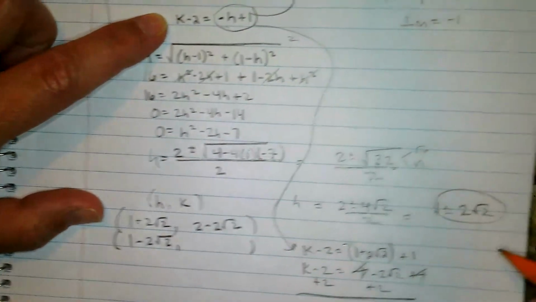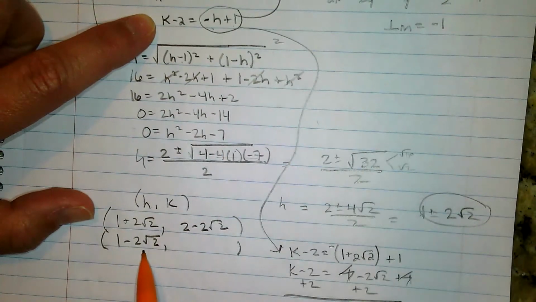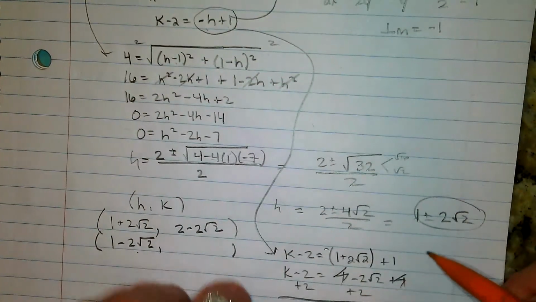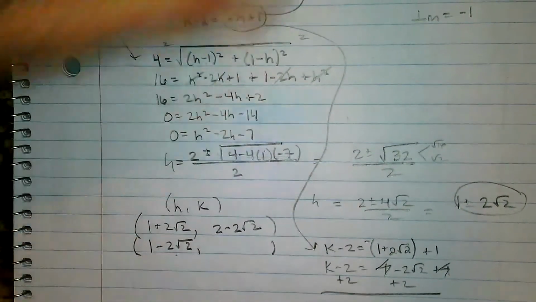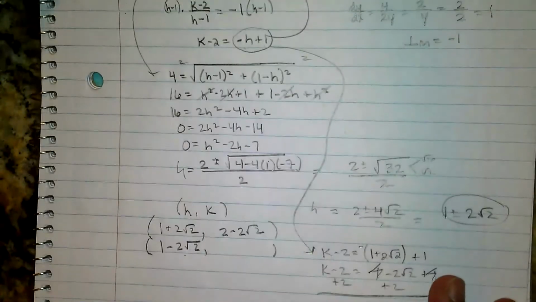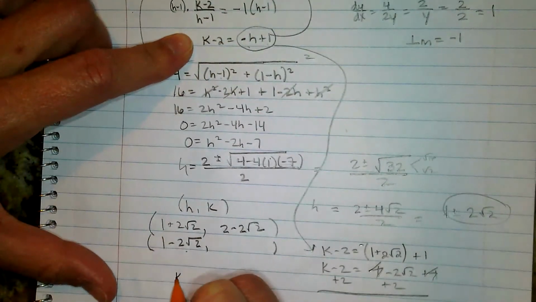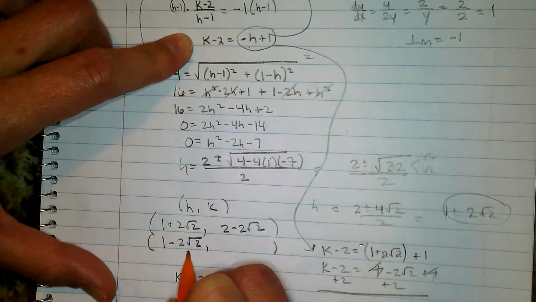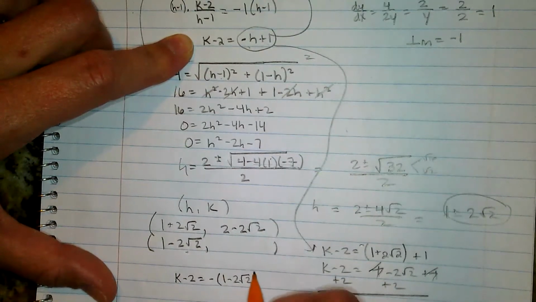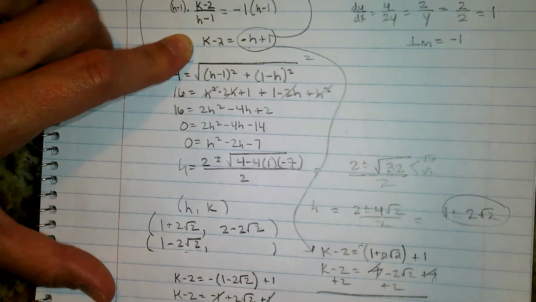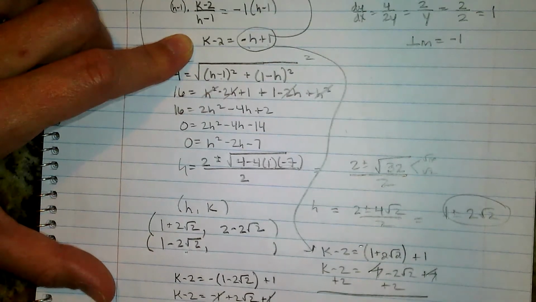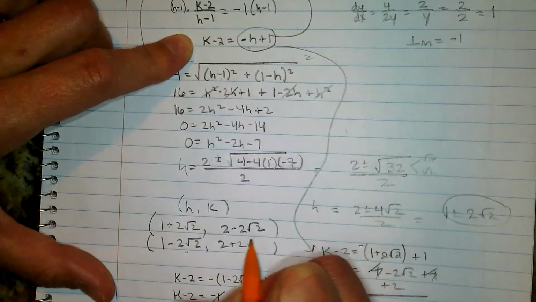If I do the same thing, but with my h coordinate of 1 minus 2 root 2, I'll do it here. Try to fit it all on the same page here. So k minus 2 equals negative, and I'm going to go with this h value, distribute, those cancel, add your 2 over, 2 plus 2 root 2.